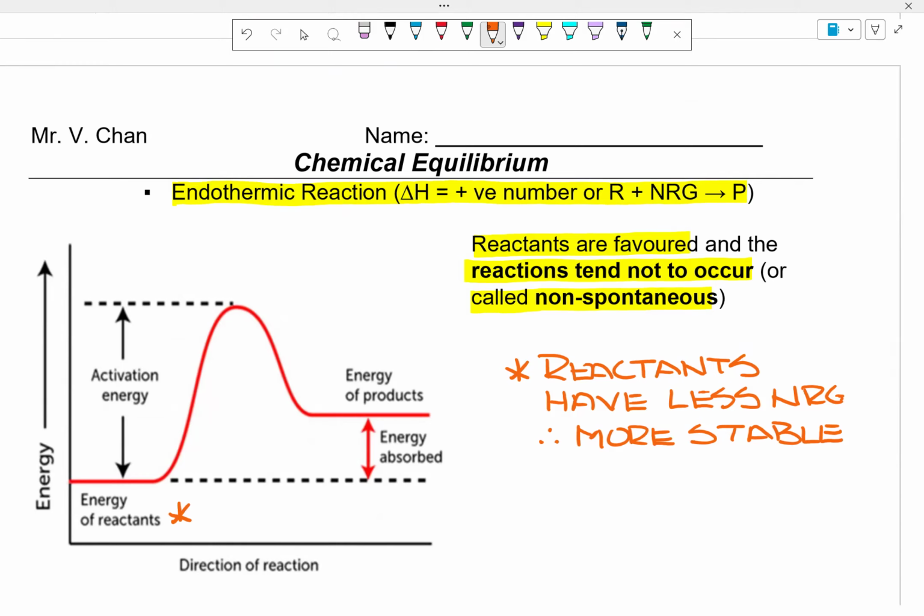You actually have to physically pick it up and give it energy. And so that's considered non-spontaneous. Same idea here. The reactants are lower energy, more stable compared to products, and therefore the endothermic reaction is considered non-spontaneous.